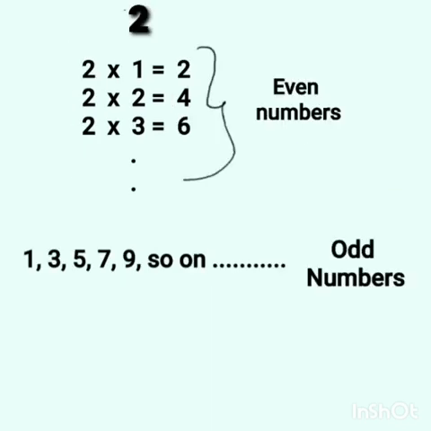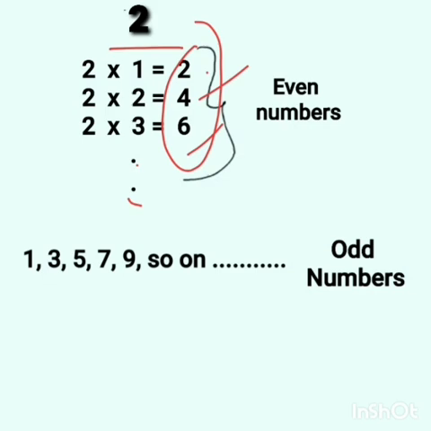So the concept of multiples gives us a very important result. So let us find the multiples of 2. Okay, so 2 times 1 is 2, 2 times 2 is 4, 2 times 3 is 6 and the multiples of 2 continue. So what's special about multiples of 2? All the multiples of 2, you can see, are called even numbers. Yes, all the multiples of 2 are even.